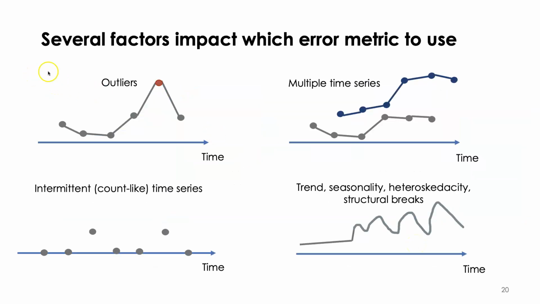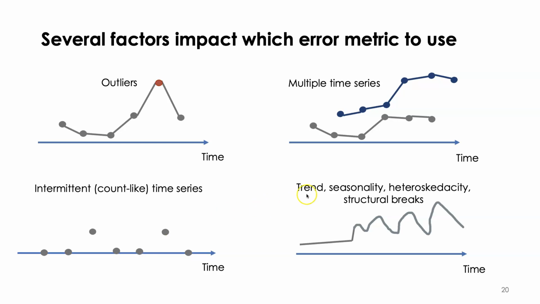We will see that there are several factors which impact which error metric we should use, such as whether we have an outlier. Do we have multiple time series and the time series are in different scales so that some time series are a lot larger than other time series? Do we have an intermittent time series, that is, a time series which is count-like and has lots of zeros?